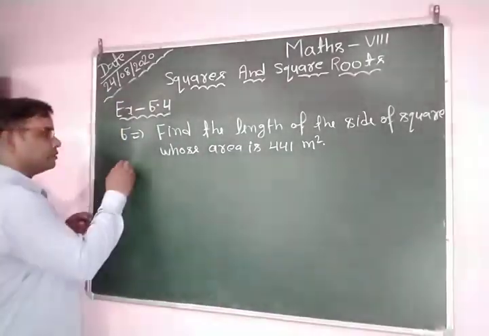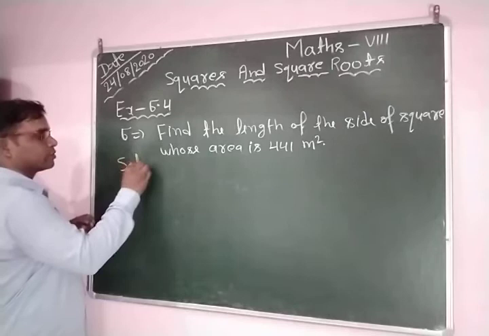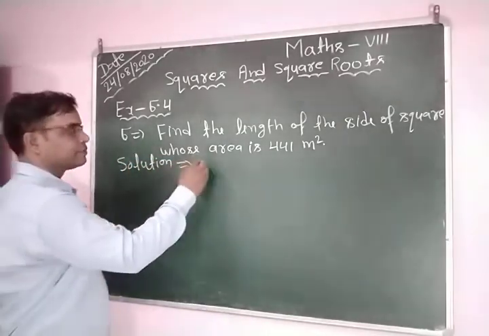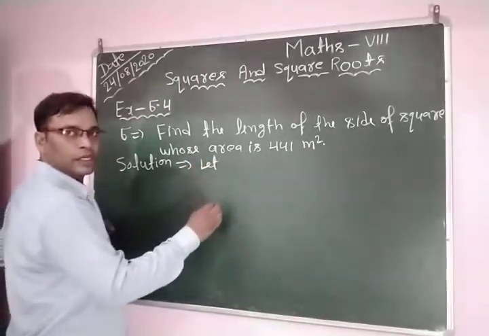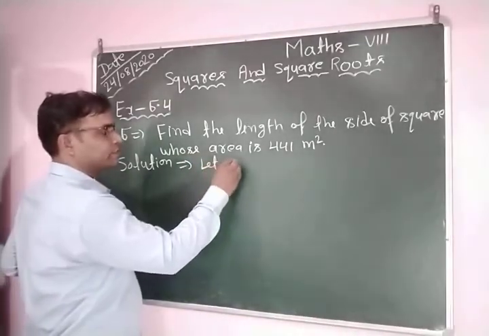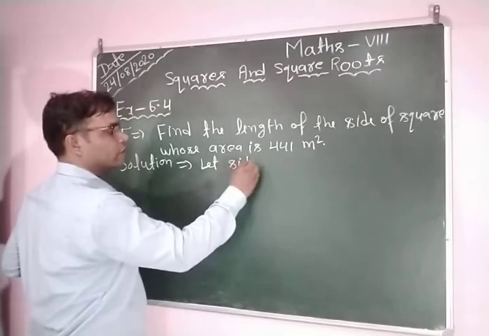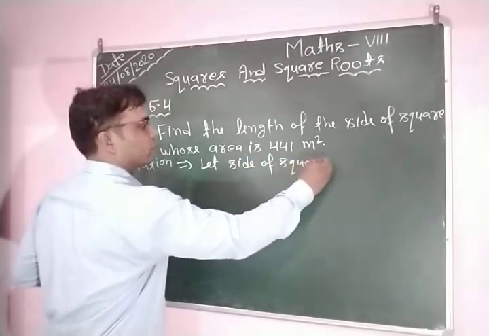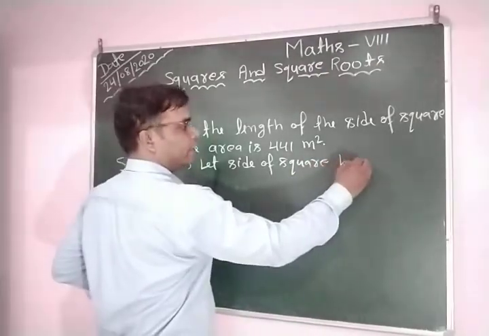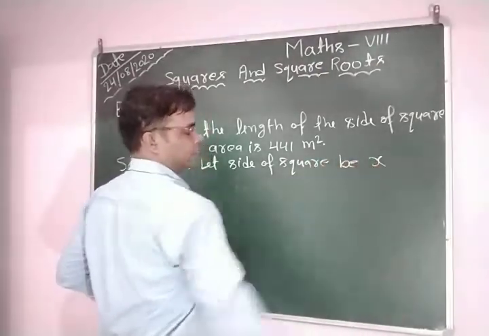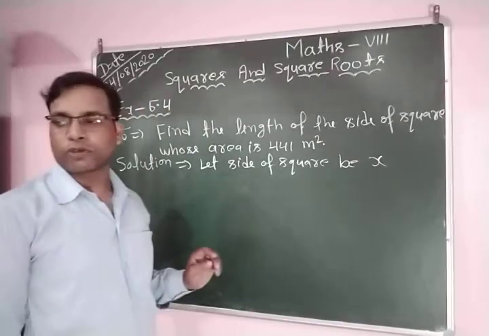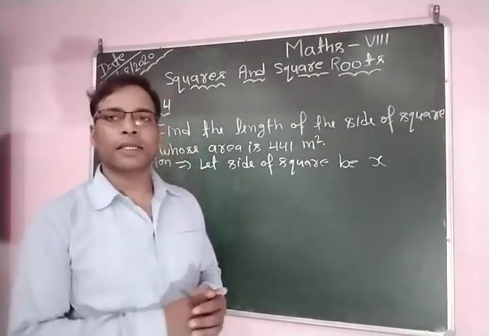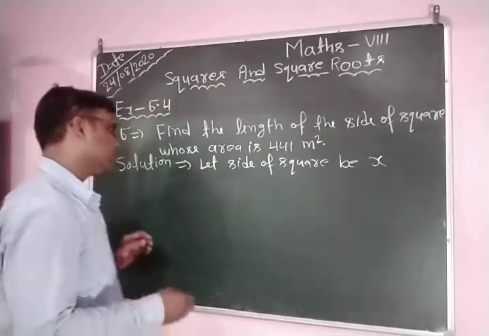Okay, so we let the side of the square be x meters. So what is the area of the square? The area of a square is side into side. We know that.